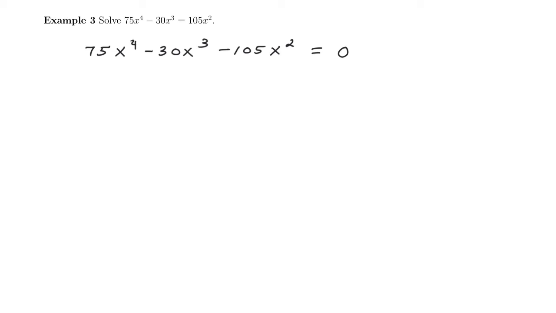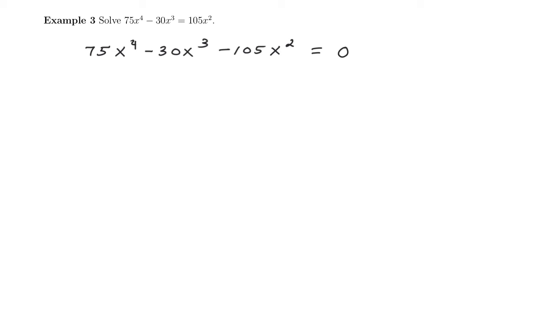If I scan across each of the three terms, I see that, oh, well, I can take an x squared from everything. And 75, 30, and 105 definitely have a common factor. I'm not sure what it is. I mean, a 5 definitely comes out, so maybe I'll start there.